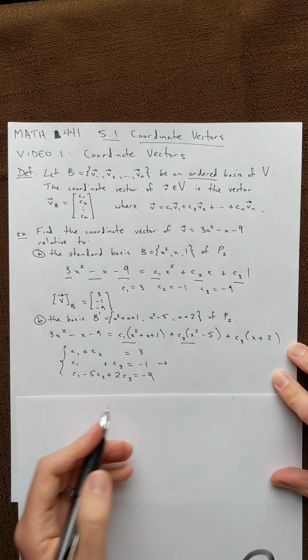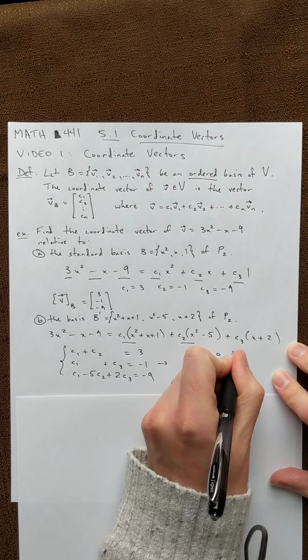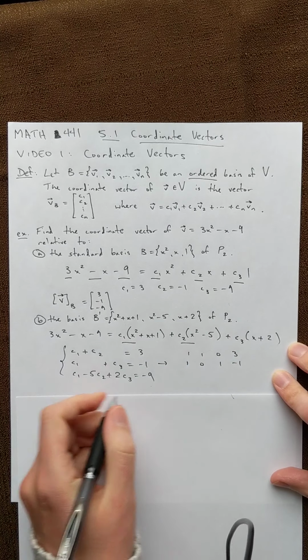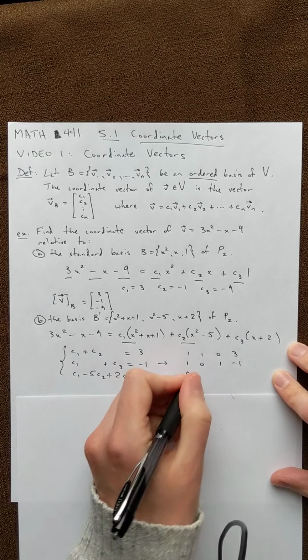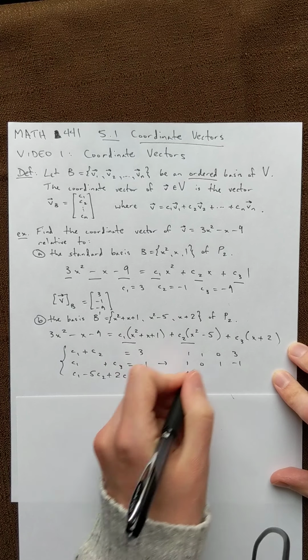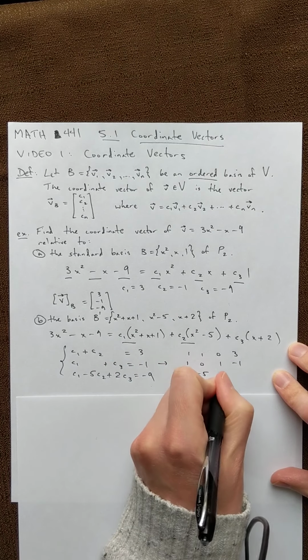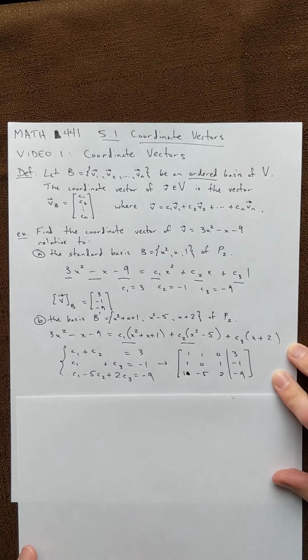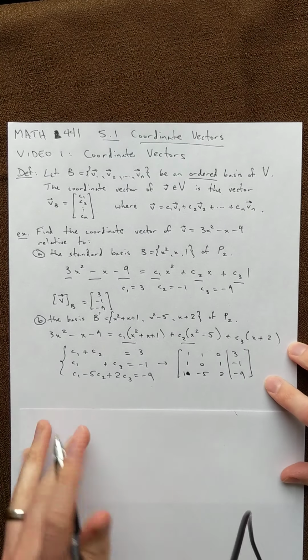Which means we're really talking about solving an augmented matrix: 1, 1, 0, 3; 1, 0, 1, negative 1; 0, 1, minus 5, 2, minus 9. Okay, so then we would row reduce this.